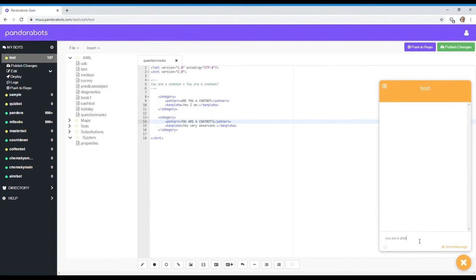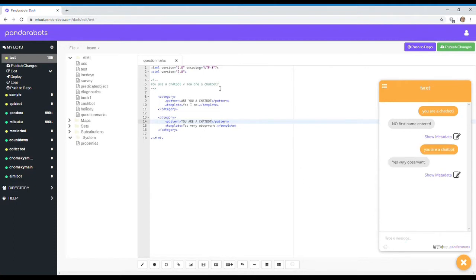"You are a chatbot?" Now that's just a default response for this bot, because we put that question mark at the end, so it'll never get called.